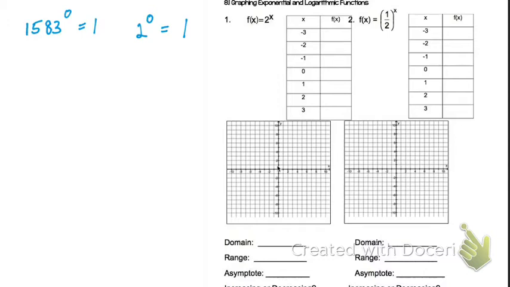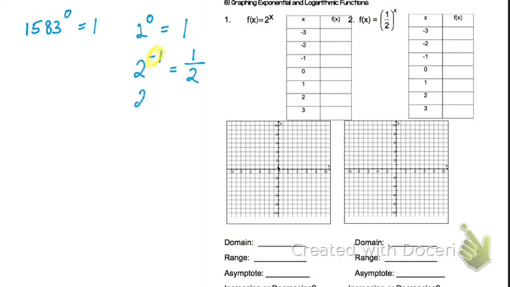So that's the first fact. The second fact would be anytime you have a number raised to a negative power, a negative exponent means that you change it to be the reciprocal. So the reciprocal of 2 over 1 is 1 over 2. So anytime you have a negative exponent, it's like putting 1 over that number, putting it on the denominator.